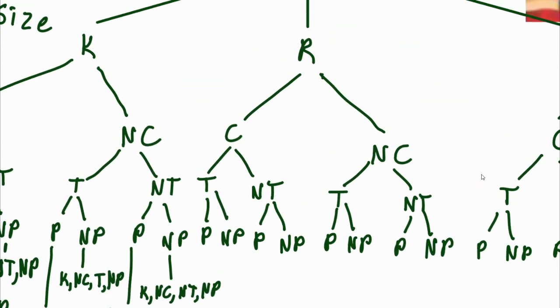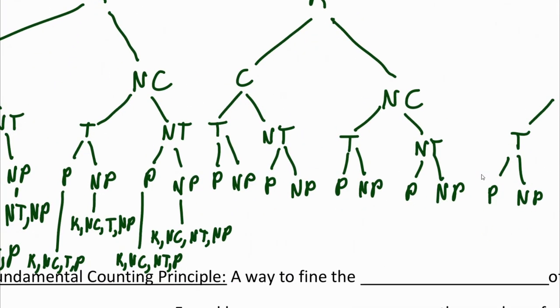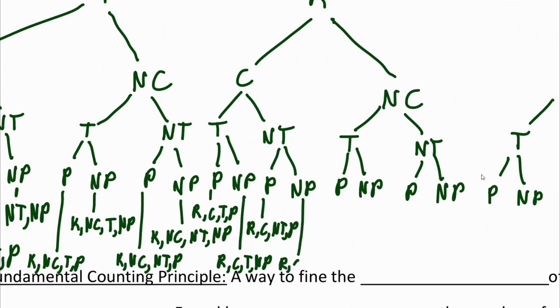So now we're moving on to the regular, and it's all the same things, right? This is regular, cheese, tomato, pickle. And then regular, cheese, tomato, no pickle. Then we have regular cheese, no tomato, pickle. And then regular cheese, no tomato, no pickle.